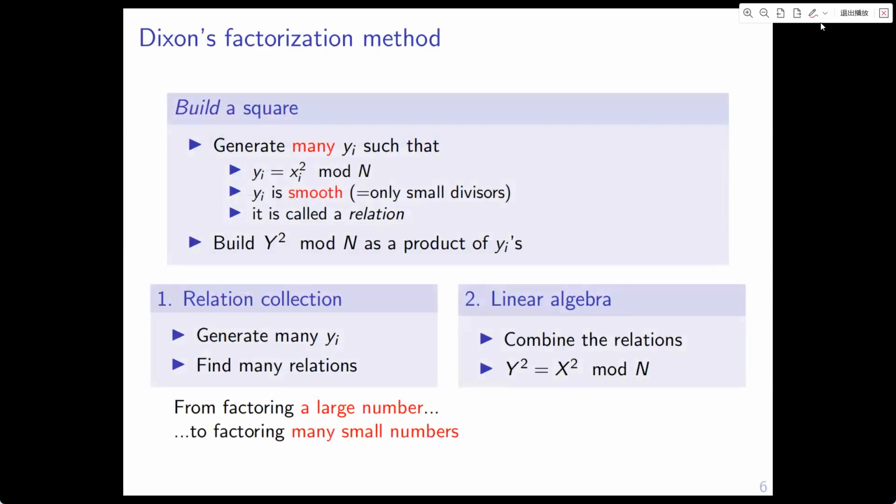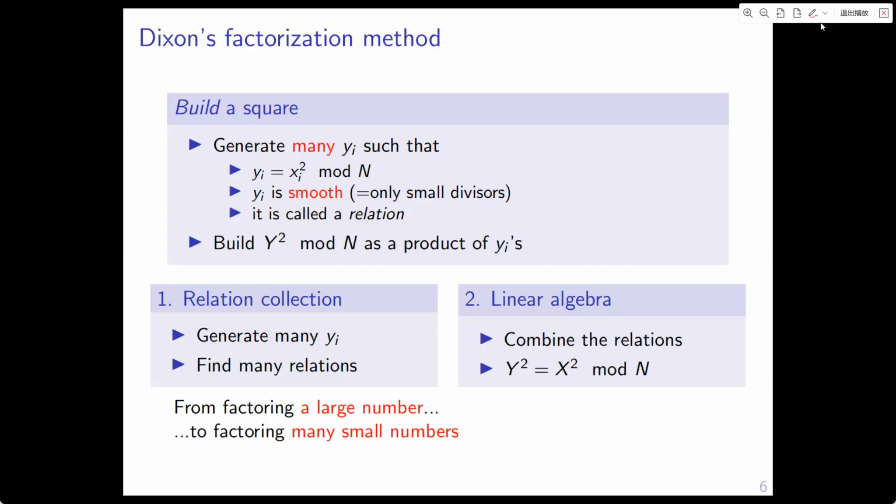Dixon's factorization method is built upon this, and we build the square by generating many small y's such that they are all equal to a square x mod n. If a small y is smooth, which means it has only small prime factors, it is called a relation. We can use relations to build a big y squared mod n as a product of small y's.